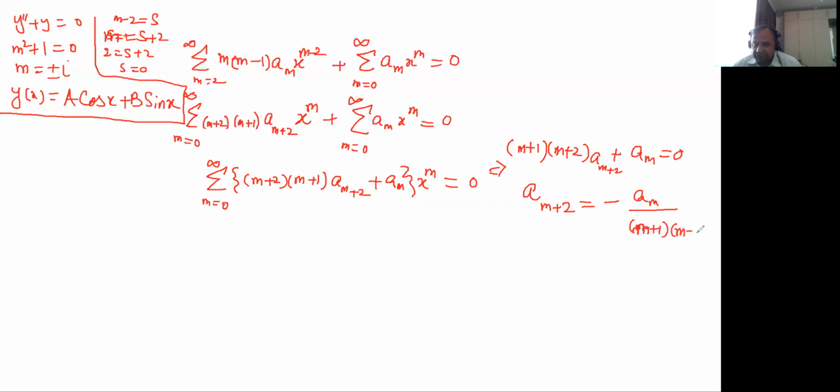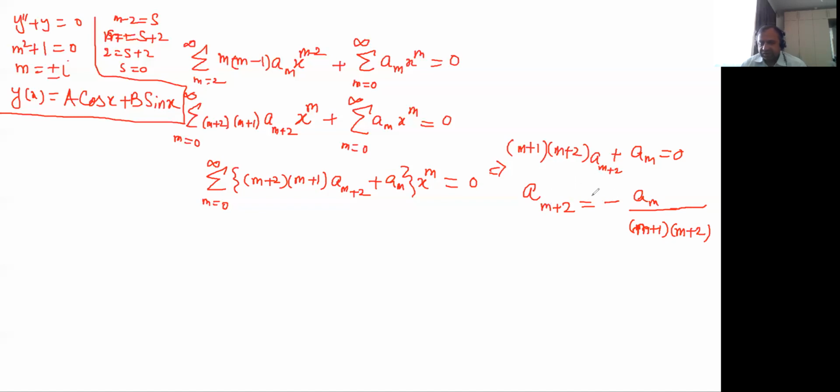and m plus 2. Okay, so what this equation tells me is that this is a relationship between these two terms, which are actually two index values apart. So a m, and then the next term is a m plus 1, and after that the second term is a m plus 2.